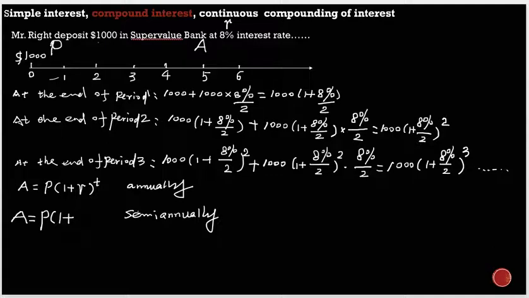Because it's semi-annual, the annual interest rate is R, so the half year's interest is R divided by 2. If we have T years, how many half years do we have? How many 6 months in T years? It is just 2 times T.